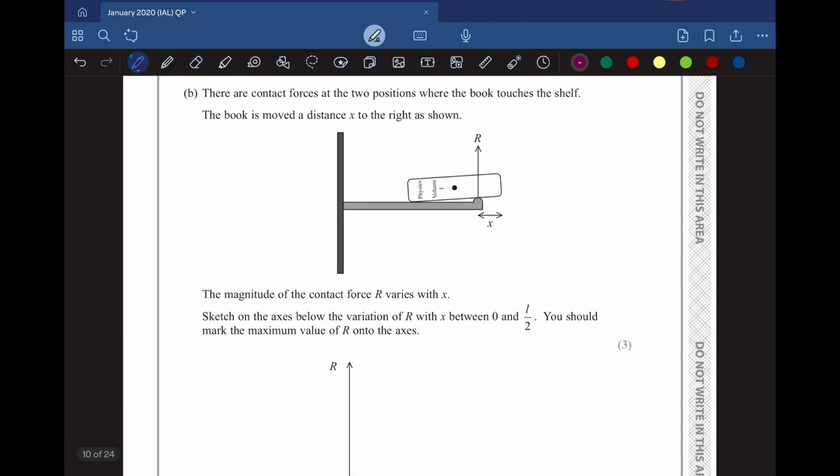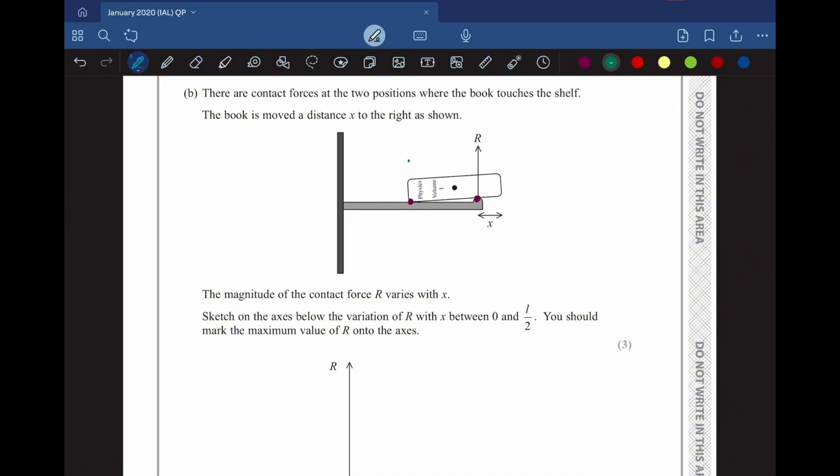Now the next part of this question says there are contact forces at the two positions where the book touches the shelf. This is one position and this is another position in which it is in contact, right? The book is in contact with the shelf in these two positions, and we know at the points where something is in contact, the normal reaction force acts, right?